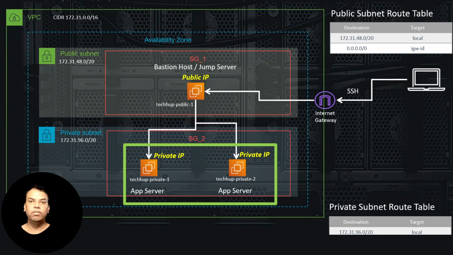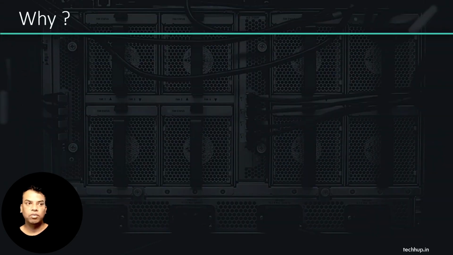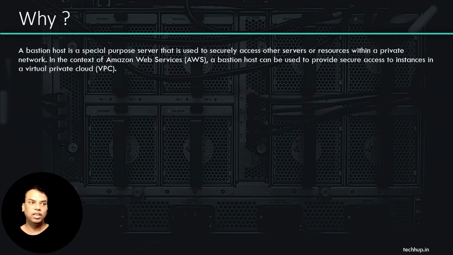Before moving forward and diving deeper into the concepts, let's understand why we use a Bastion host. A Bastion host, as the definition says, is a special purpose server that is used to securely access other servers or resources within a private network.